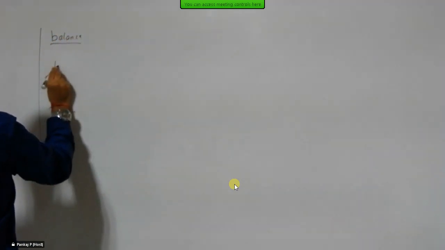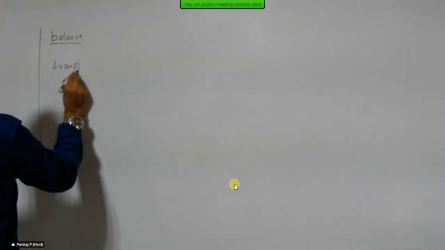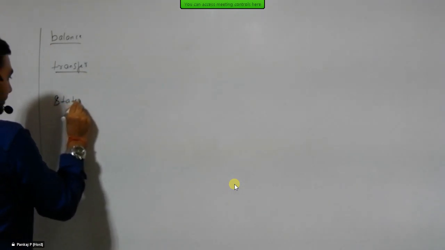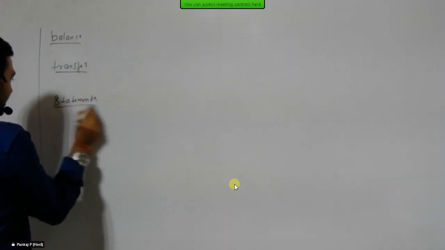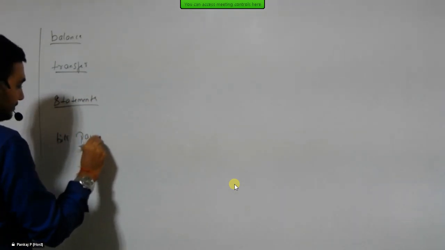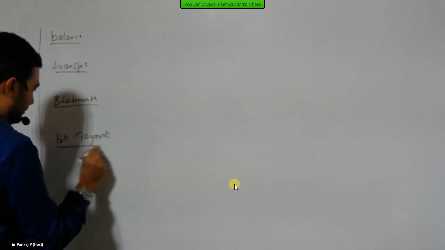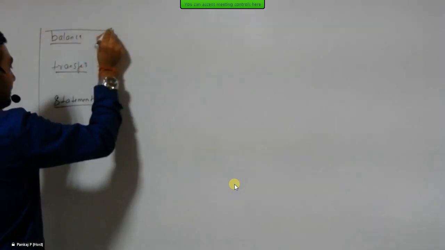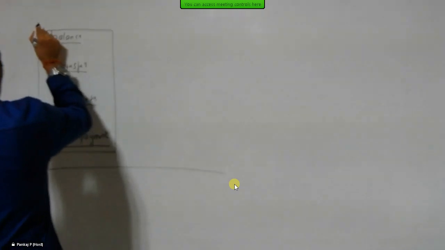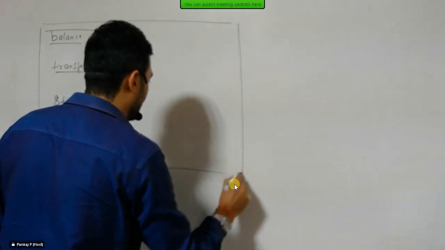Then I've got the transfer feature, then statements, and let's write here bill payment. This is how the application looks.